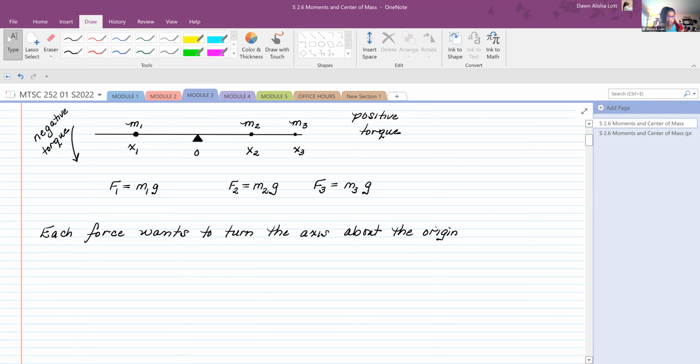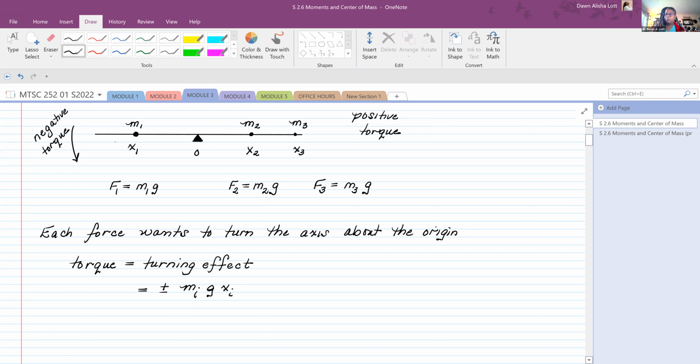So the torque is the turning effect. It is based on plus or minus the mass times gravity times its location relative to the origin.